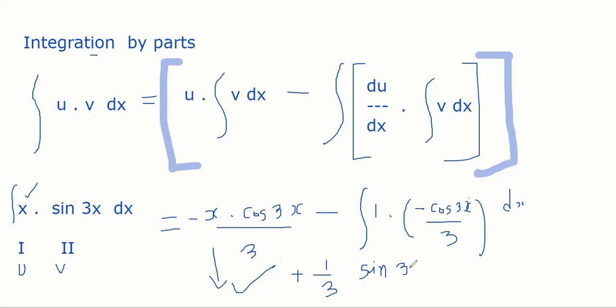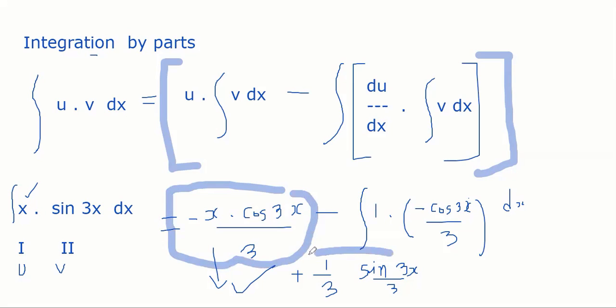So the final answer would be minus x cos 3x by 3 plus sin 3x by 9. That's it. Plus c. Too easy.